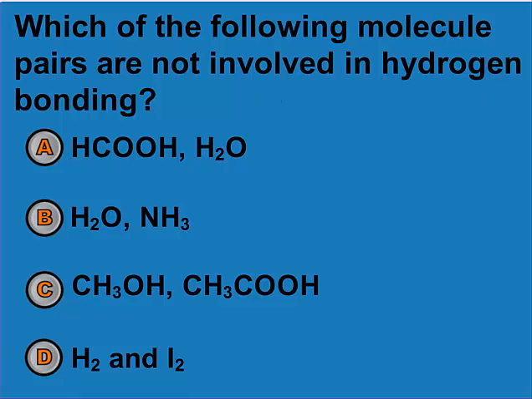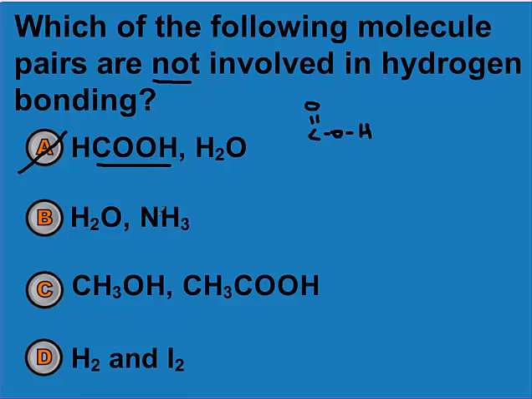So we're looking for the molecule that's involved in hydrogen bonding. We have COOH, which, remember, is our organic acid. Drawing that out, organic acids have O and H, so hydrogen attached to oxygen.